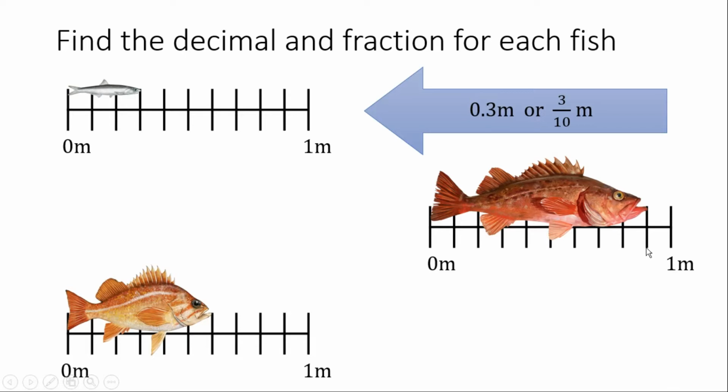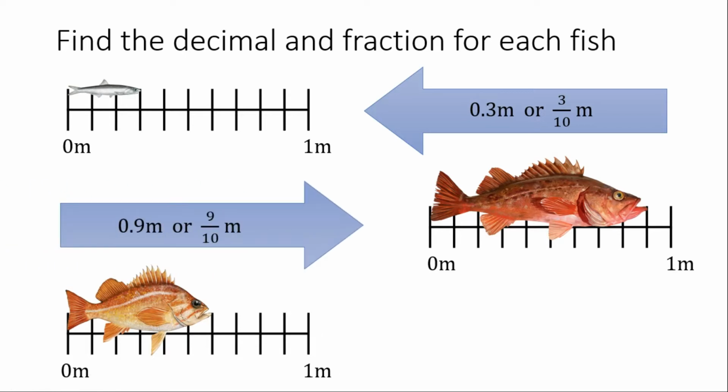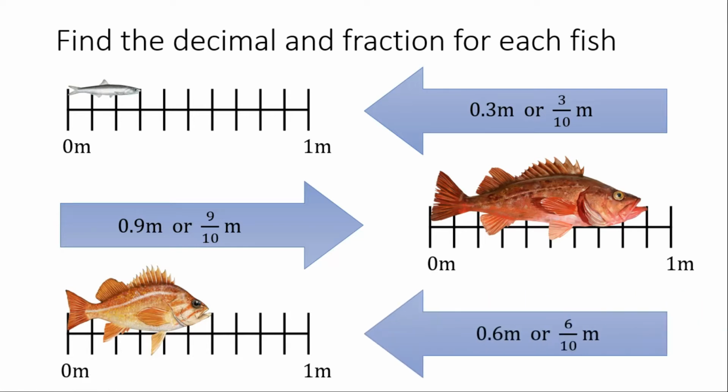So the Boccaccio rockfish is 9/10 of a meter long, and you can represent that as a fraction or as a decimal. And finally, the Canary rockfish on the bottom. How long is it? Tail starts at 0, and then we count 1/10, 2/10, 3/10, 4/10, 5/10, 6/10. So it's 6/10 of a meter long.